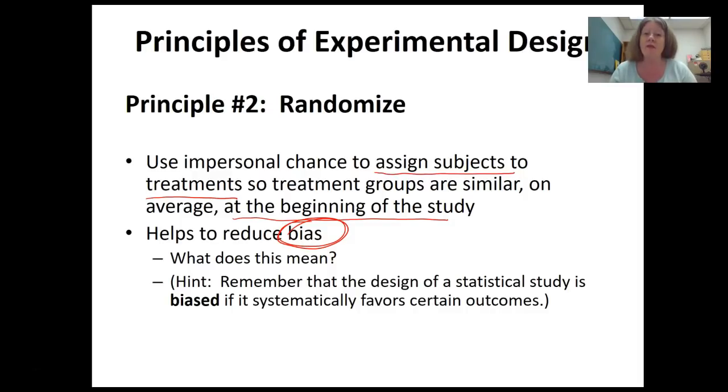So you have bias if you have a study where you're systematically favoring certain outcomes. So more often than not, outcomes are going to go in a particular direction. And because of that, you might end up reaching a conclusion that's not really accurate, that doesn't really represent what's actually going on in the population.